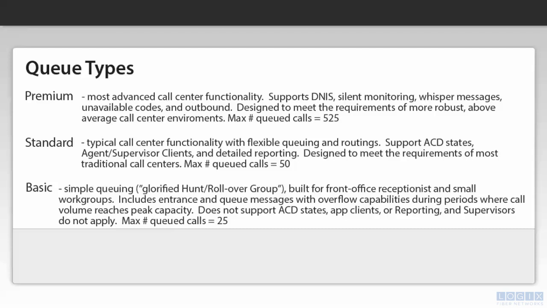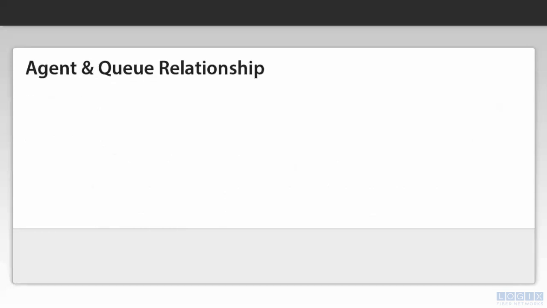Premium queues are designed for high-volume call centers and can support up to 525 queued calls per queue. For a comprehensive comparison between the different queue types and a detailed breakdown of each, please reference the Contact Center Administration Guide.